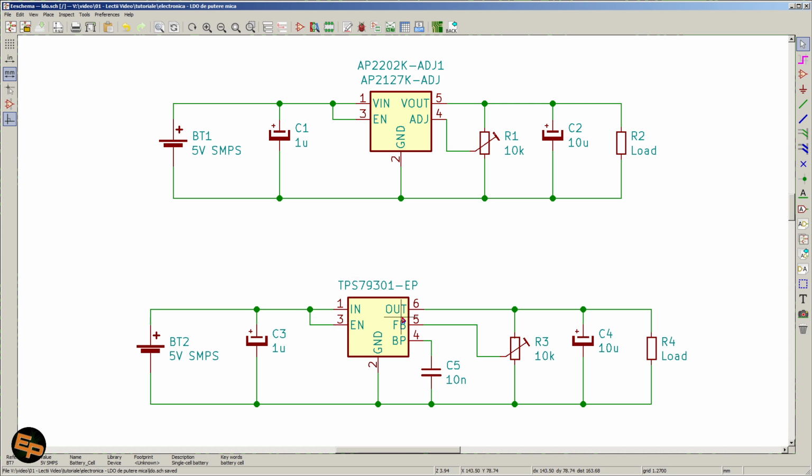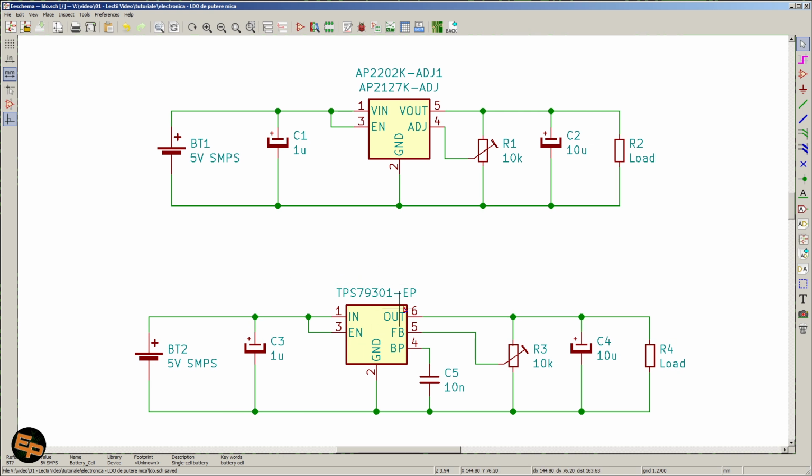In the case of the Texas Instruments model, this one comes in a 6-pin package. One pin is recommended to be connected to a 10 nanofarad capacitor for extra filtering, and this needs to be connected to the ground on the other side, which is what I did. And this is pretty much it. We don't need to use anything more than that.